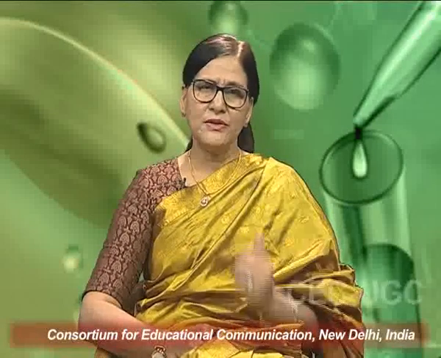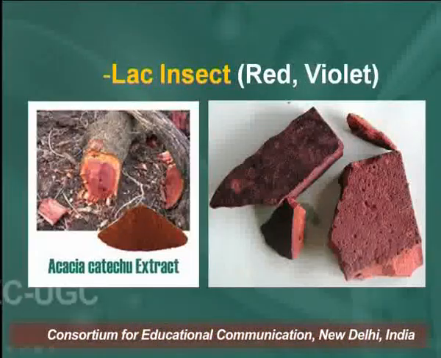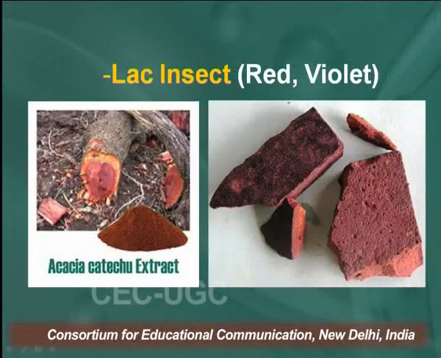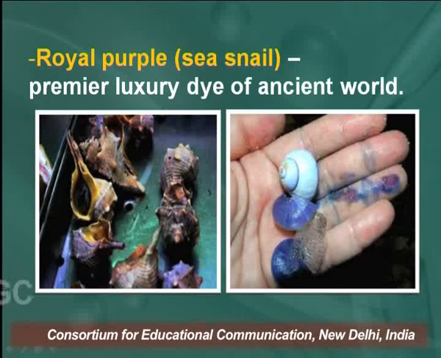And on the screen you are looking at Acacia catechu. Acacia catechu is a plant which was used to produce red dyes. And again, from the snails they used to obtain the premier luxury dye of the ancient world.